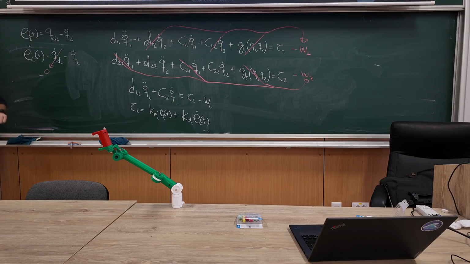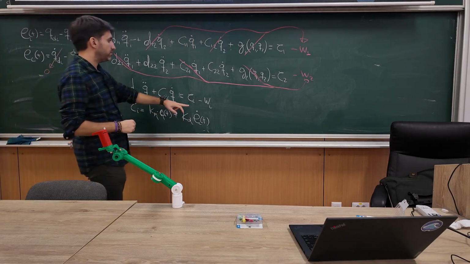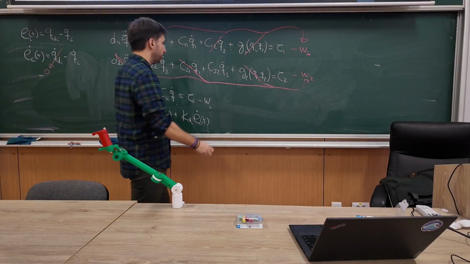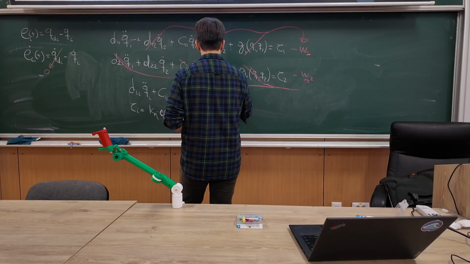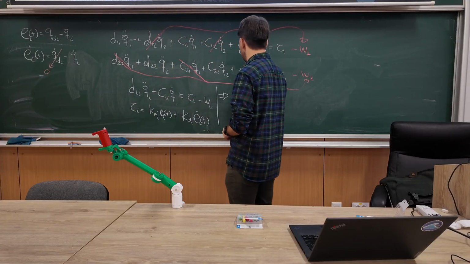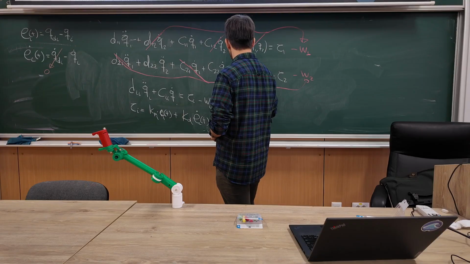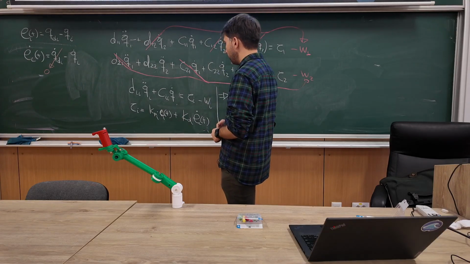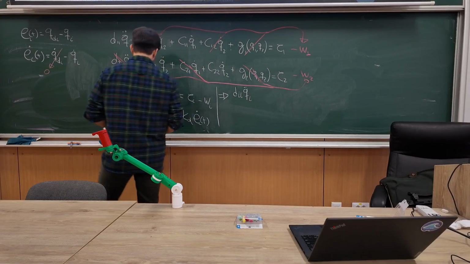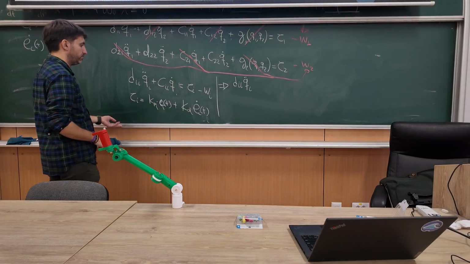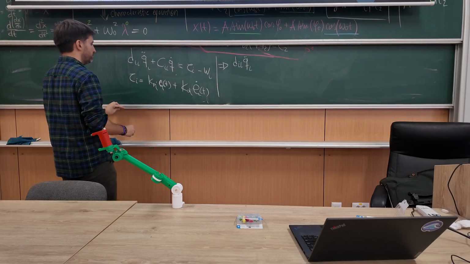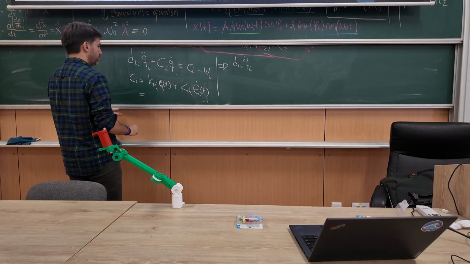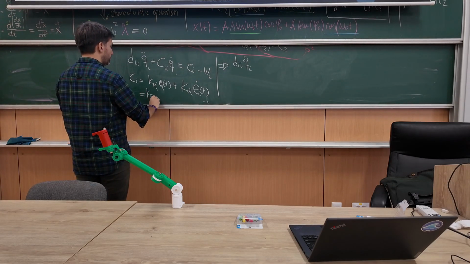If we replace this here and then eventually here, what will we get? d_ii q_i double dot. Let's do it step by step. So here I have kp_i.